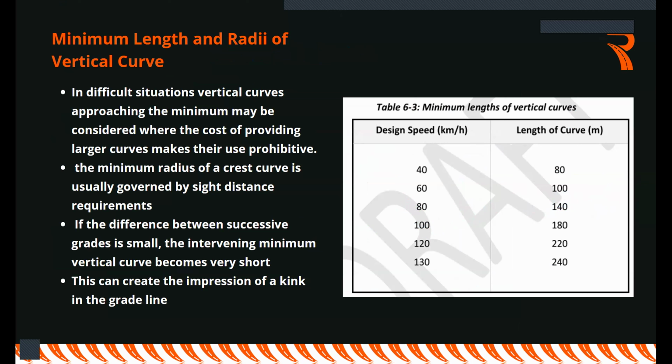That is the rule of thumb. The length of vertical curve, LVC, is equal to 2VD. LVC is equal to 2VD. It's 2 times the design speed. So note that down. It's a rule of thumb. It applies all over.